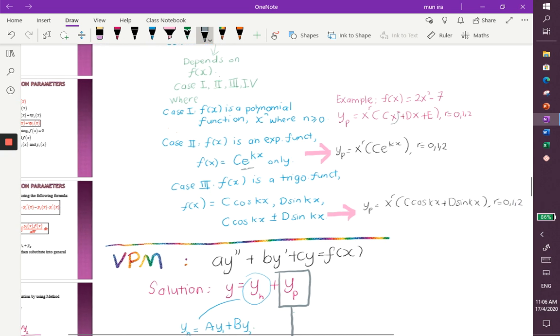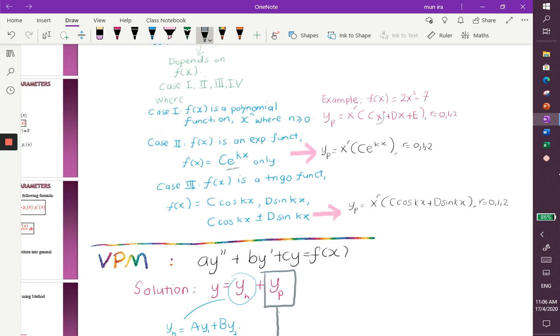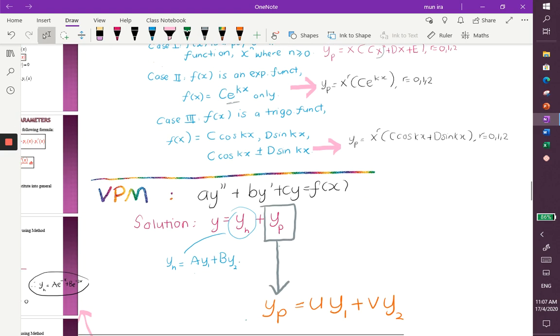Your initial guess must be the combination of sine and cosine here. Whether you have sine, cosine, or a combination, your yP must be a combination of sine and cosine. So that is the homogeneous equation and UCM.